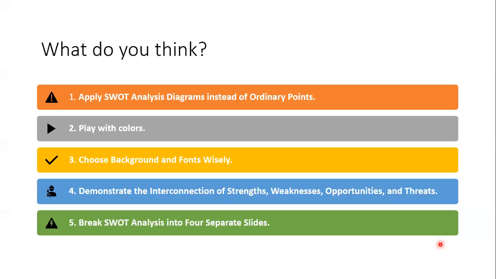So how can you make a very well-presented SWOT analysis? Like visually and correct and attractive. And here in this case, I include this question, what do you think? Because I was curious about these 5 points. Which one do you think is the most important one?